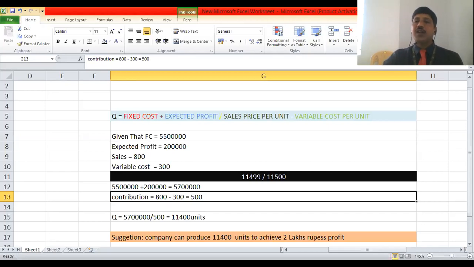Or else, in another way, the contribution margin is sales revenue minus variable cost. It may be calculated on a per unit basis, or else as a whole. In both ways it can be calculated. To find the contribution ratio, we divide the contribution margin by the sales or revenue amount.